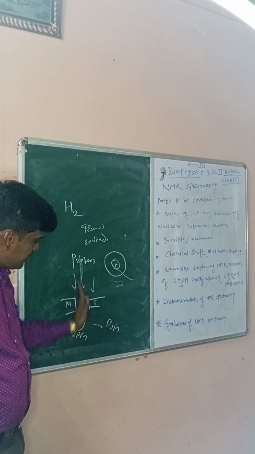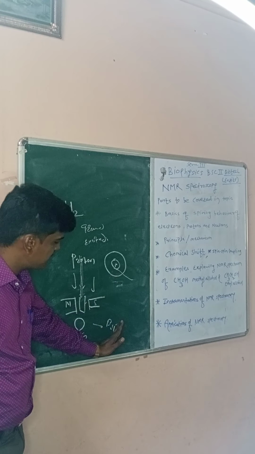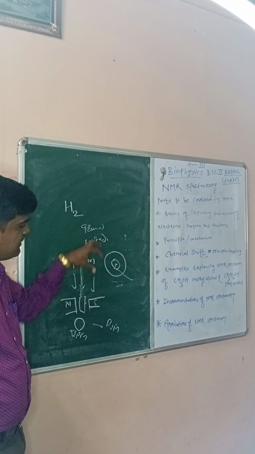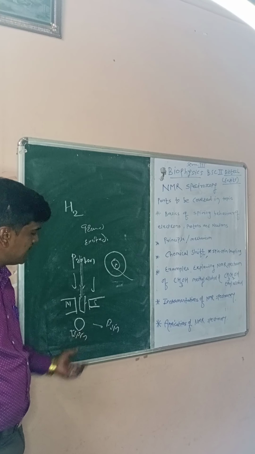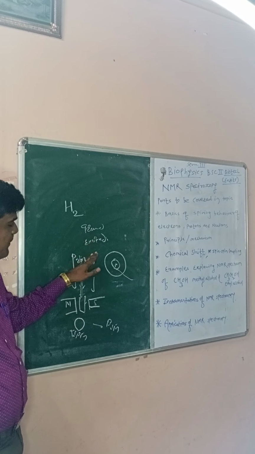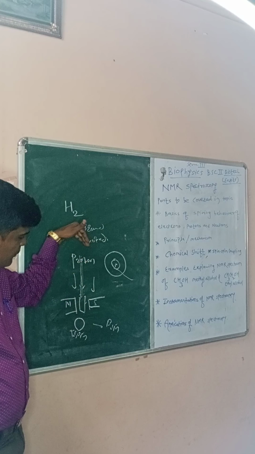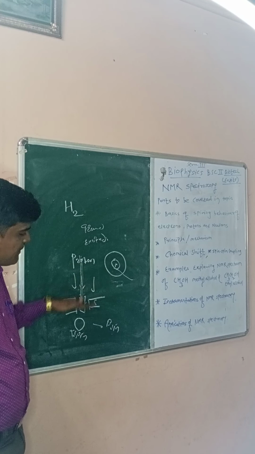Due to this change in motion from alpha spin to beta spin, the proton containing compound is said to be resonating with the applied electromagnetic radiation, which is supplied perpendicular to the applied magnetic field.